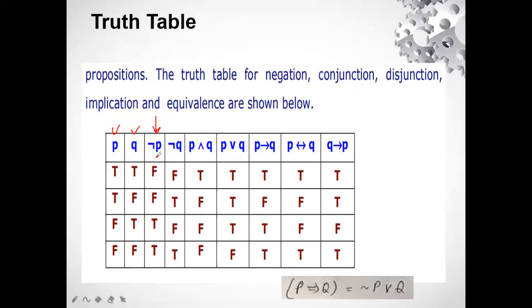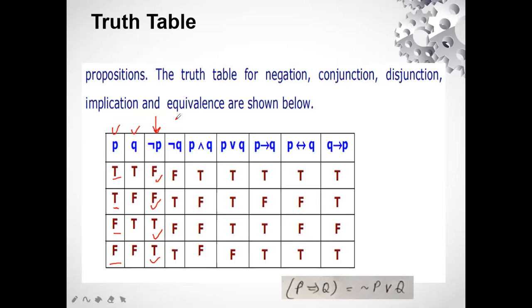So if P is true, negation P will be false; if true, again false; if false, it is going to be true; and if false, again true. So this is how negation works. P is true, not true means false, and not false means true.